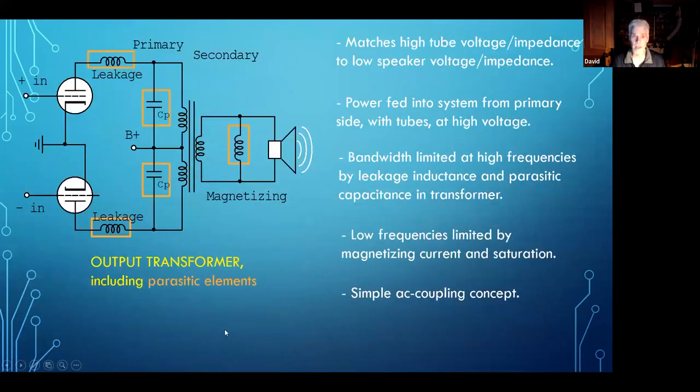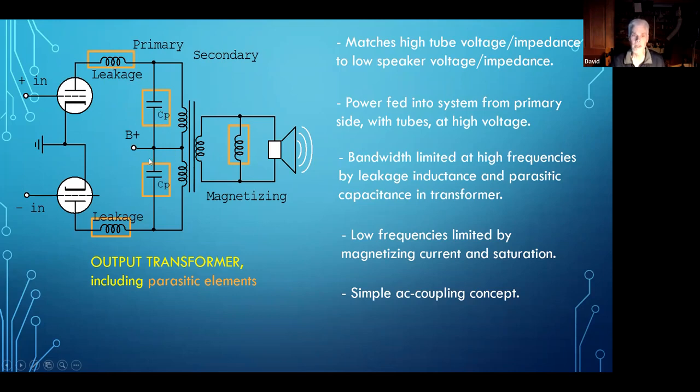So let's compare an output transformer, including parasitic elements, with the ZOTL. Let's start with the output transformer, and this is a push-pull case. I've drawn in some of the parasitic elements in their simple forms. These elements that I've drawn in, the leakage inductance and the parasitic winding capacitance, are all distributed parasitics, so they're more complicated than what I've actually drawn here.